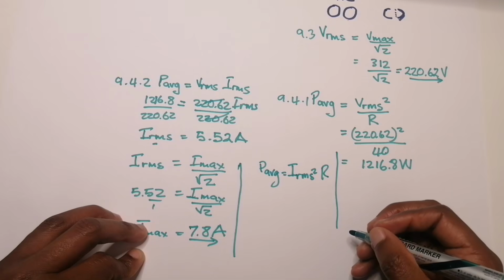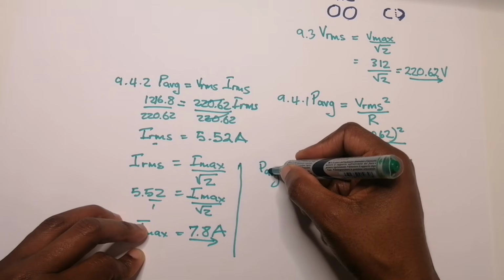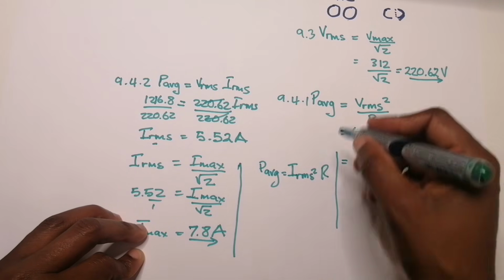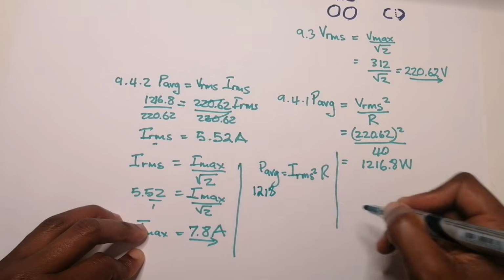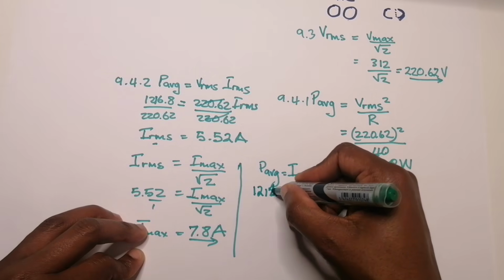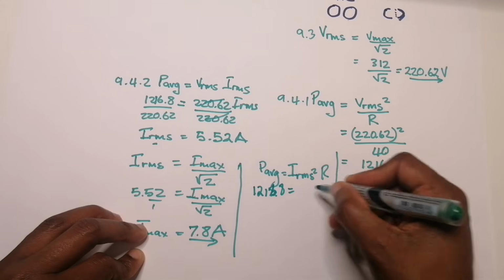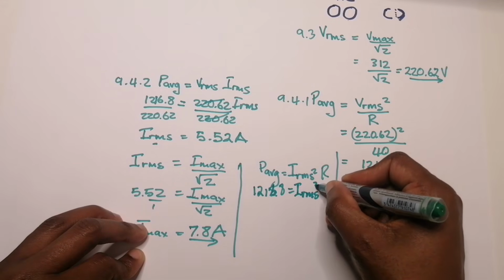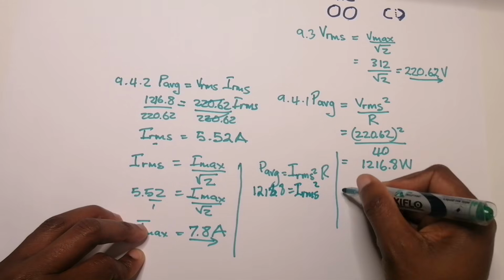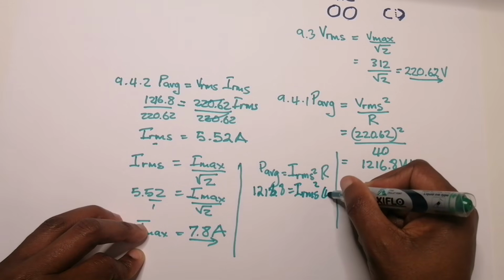My resistance was 40. I know average power is 1216.8. I'm looking for I RMS squared multiplied by the resistance, which is 40.